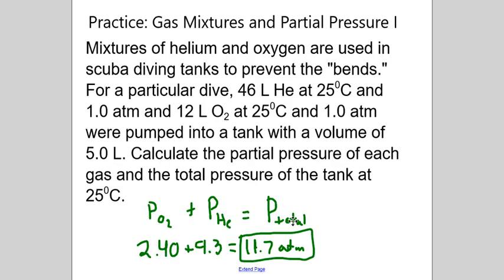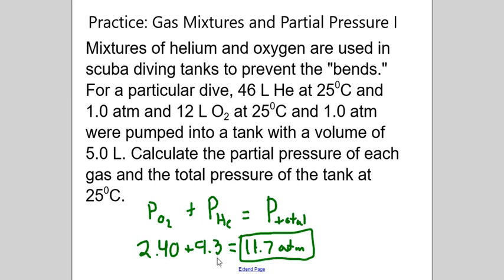So here's an example of Dalton's law. Up here it gives a bunch of information: liters, temperatures, and pressures of two gases, oxygen and helium. You can use the ideal gas law to find the partial pressures of both those gases. Oxygen has a partial pressure of 2.4, helium is 9.3.